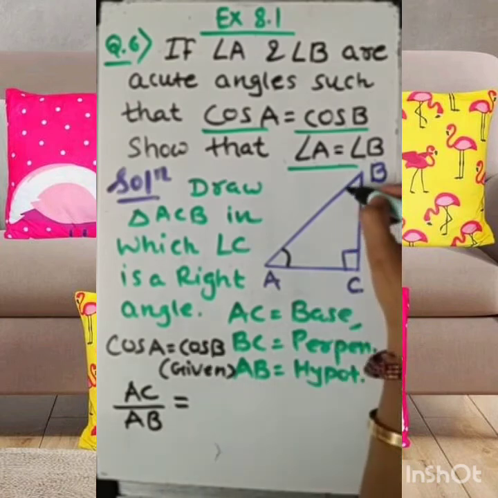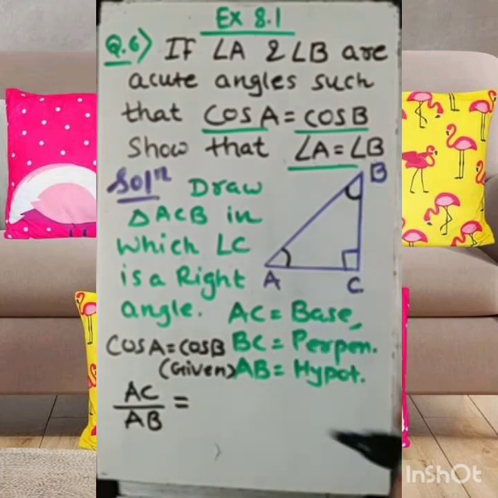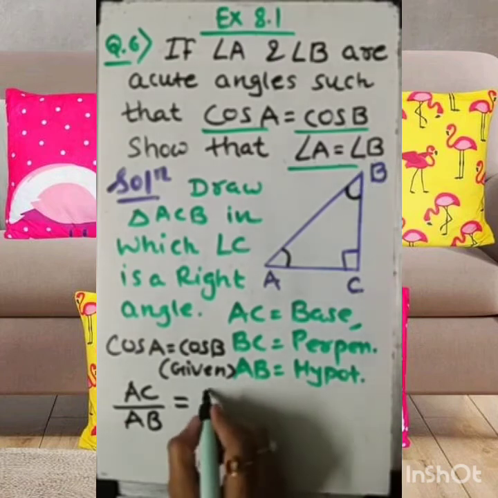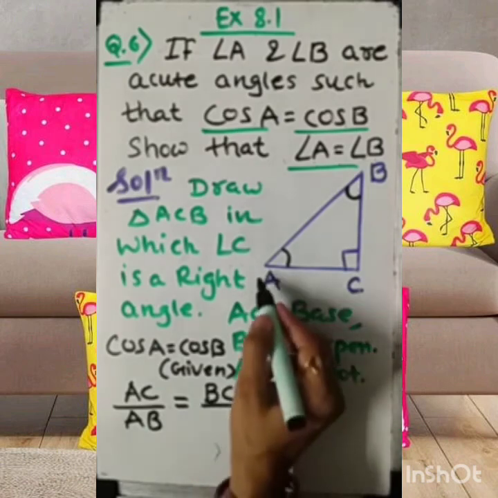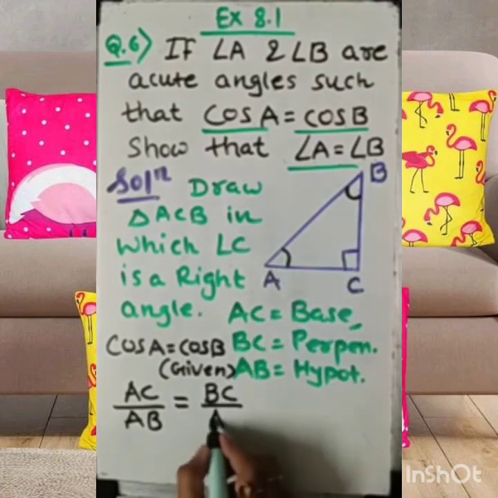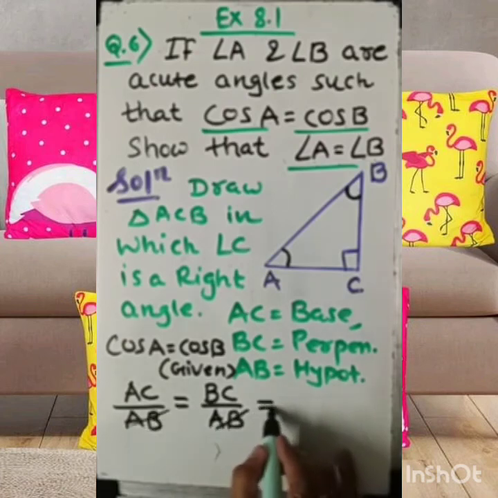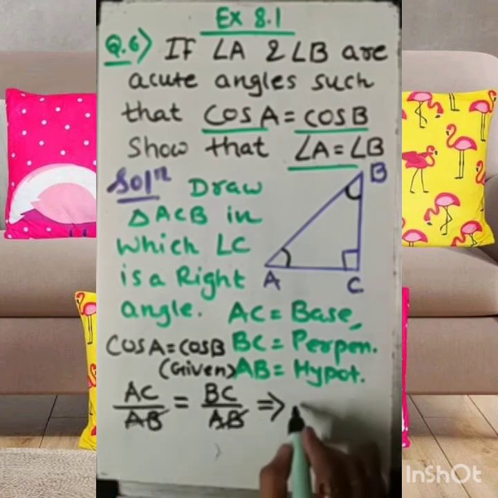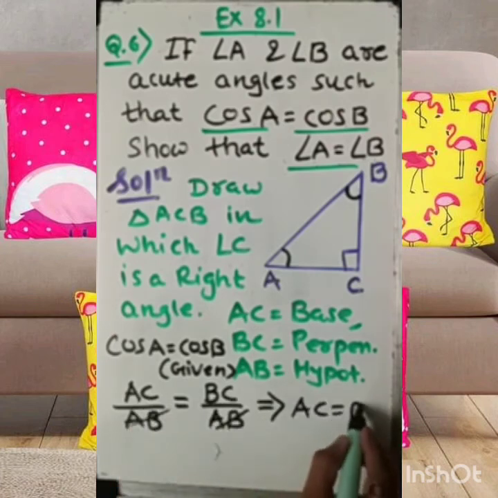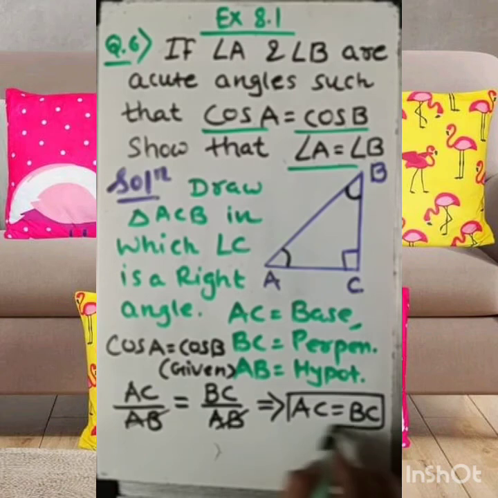For cos B, if I am considering B as an angle, the base will become BC. So I need to write BC upon hypotenuse, that is AB. Now dear student, you can see AB on both sides is similar, so it will be cancelled. So can I say AC equal to BC? Both sides will become similar.